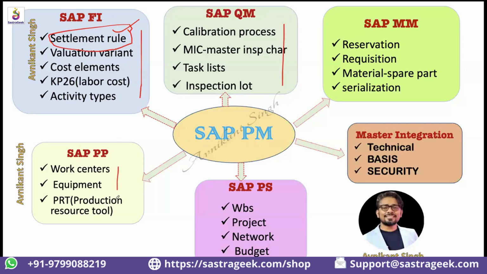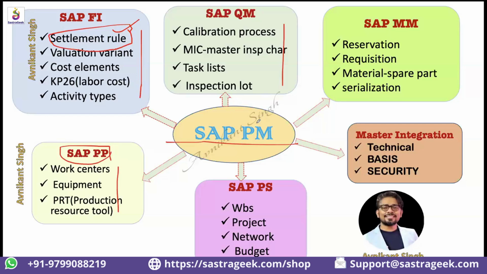PP is very minimal but highly integrated, because anywhere PP is going on the floor, you have the PM module there, right? Doing production will need a machine to run, and to maintain that machine, to keep it running, we need PM, right?